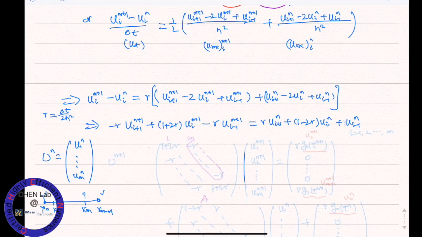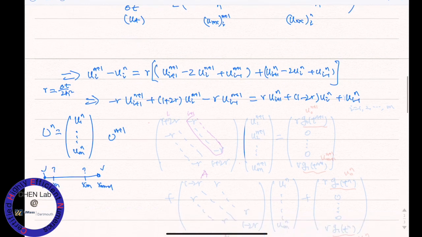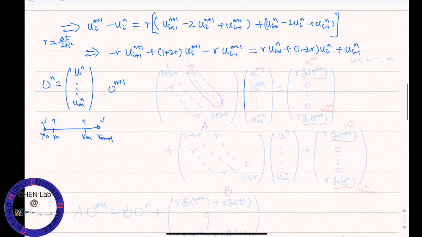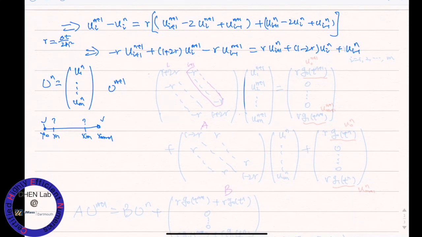And that u^{n+1} vector is the u's at time level n+1. So what we have is a linear system. We have 1 plus 2r that hits the u_i's.